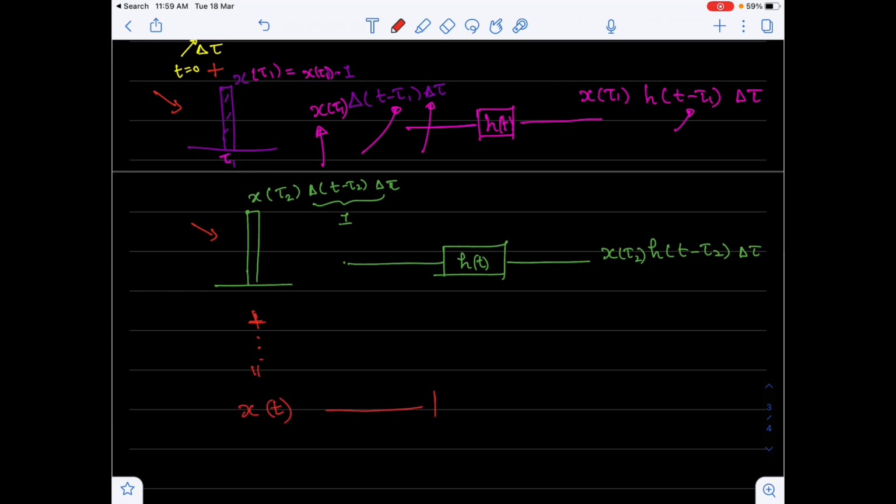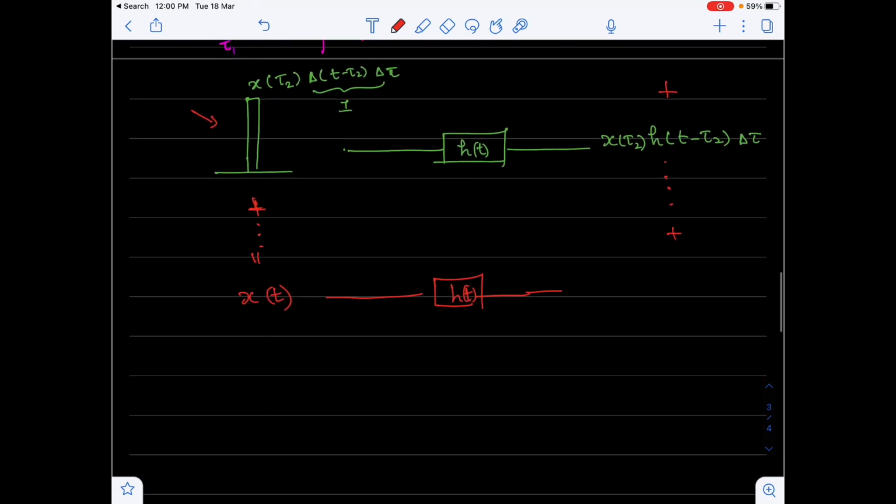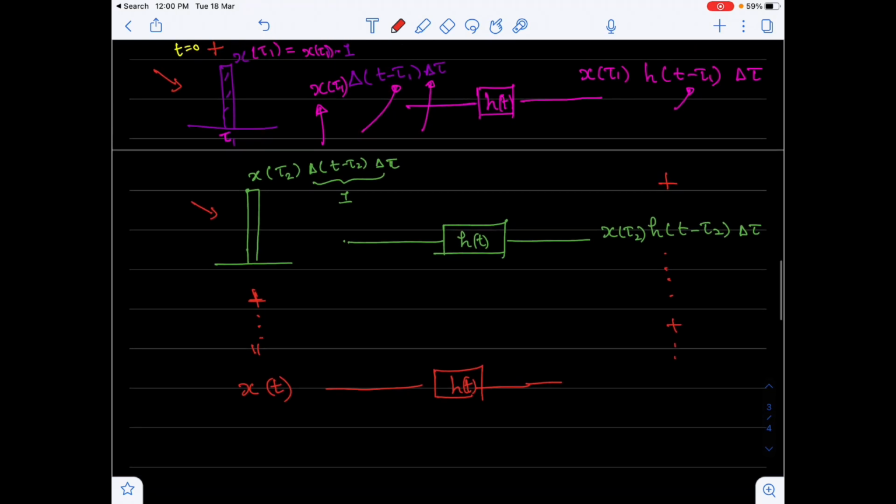Then for x(t), the output will be just the addition of all the individual outputs for each pulse, so I can write it as a summation.